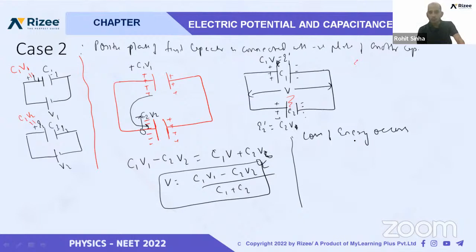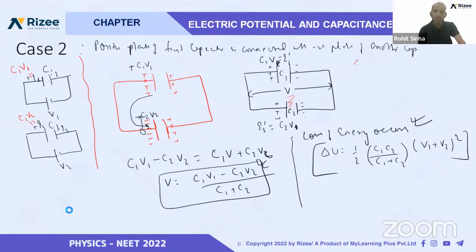How much energy loss is there? We see delta U is equal to C1 C2 by (C1 plus C2) into (V1 plus V2) whole square here.